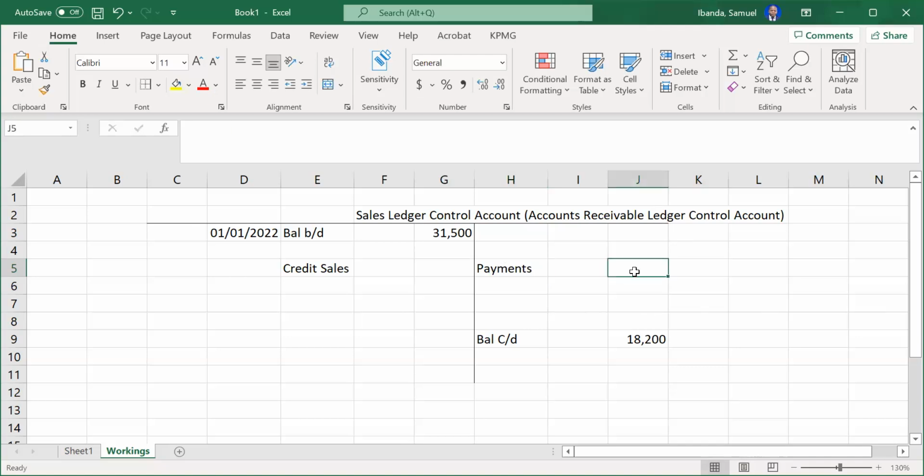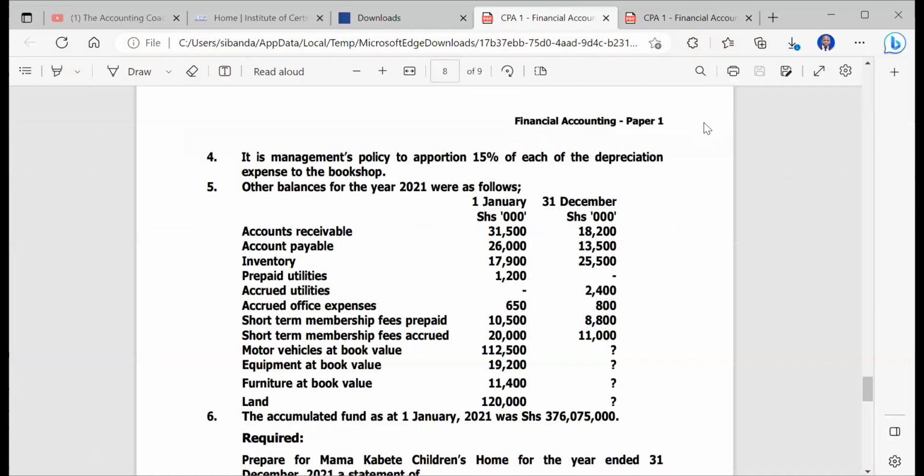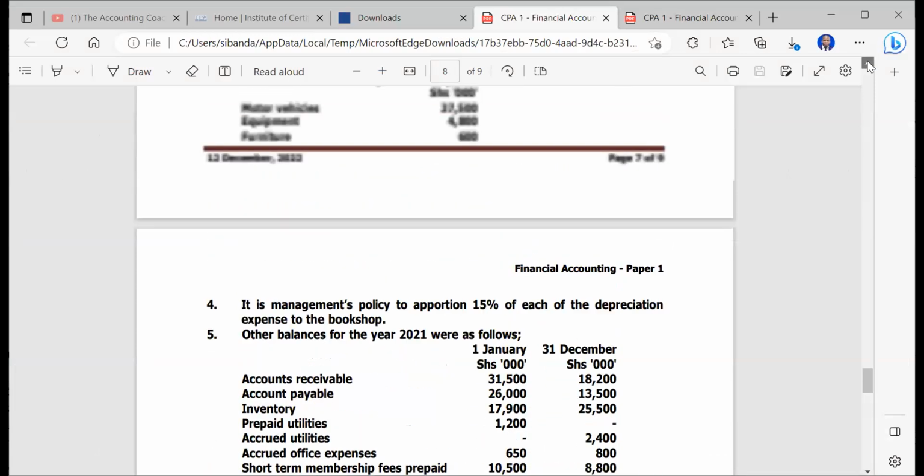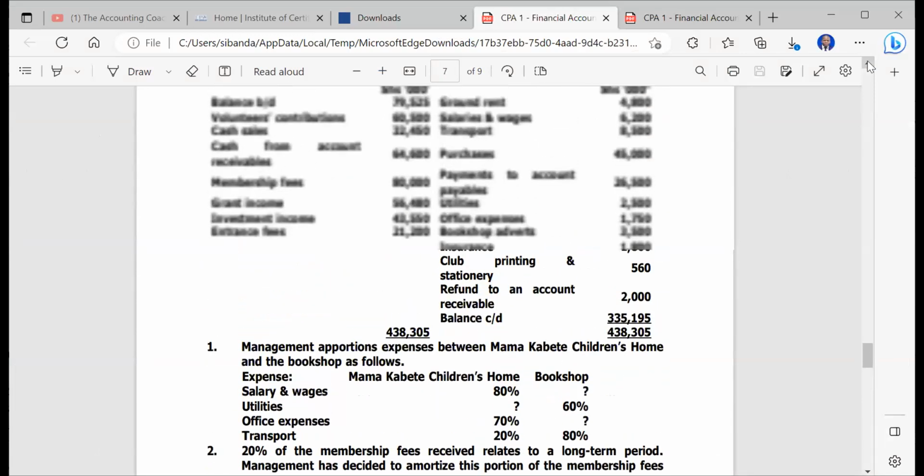Now, yours is to go back to your information, back to the question that we have at hand, and look out for information that reduces and information that increases, and capture it on the respective sides.